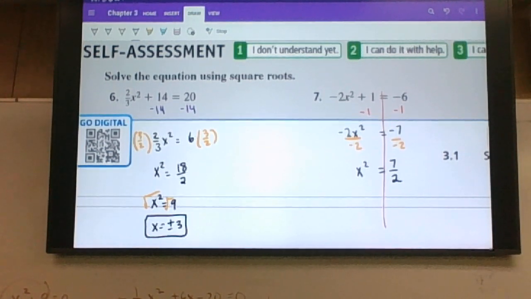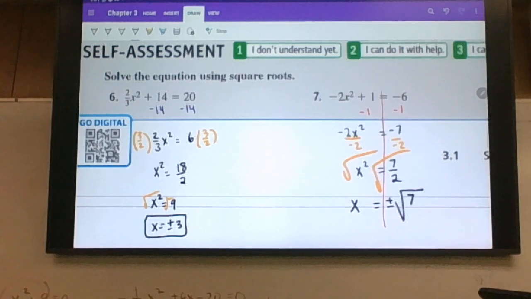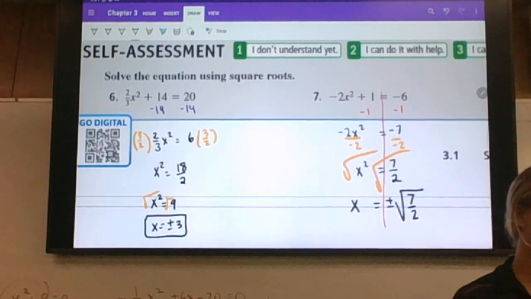All right, I'm going to square root both sides. And I get x equals plus or minus the square root of 7 over 2.